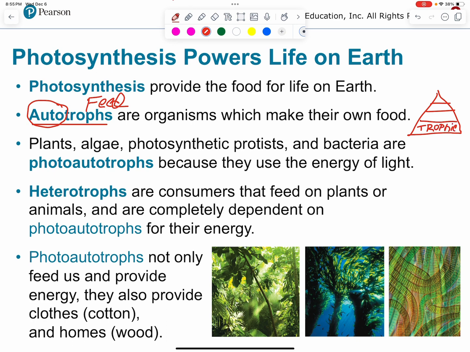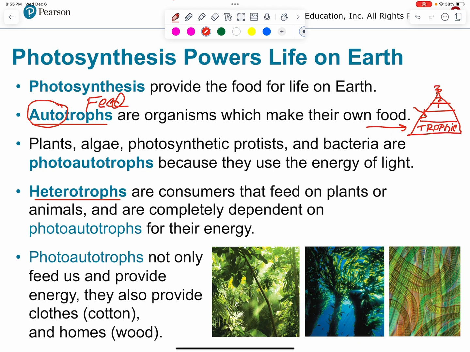It starts with the autotrophs right there. The herbivores are going to be in the second, and then the first carnivore and the second carnivore, and in most cases there are 3 carnivores in an ecosystem. And so these are key terms that we've seen before.